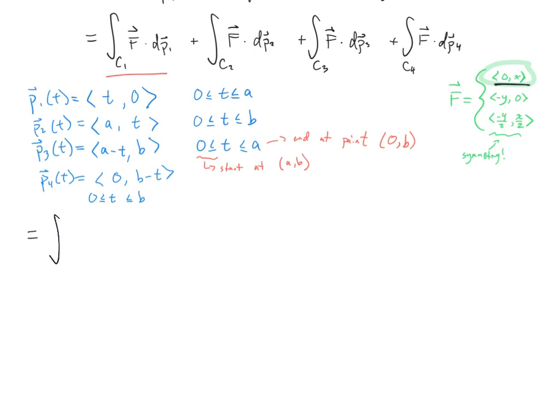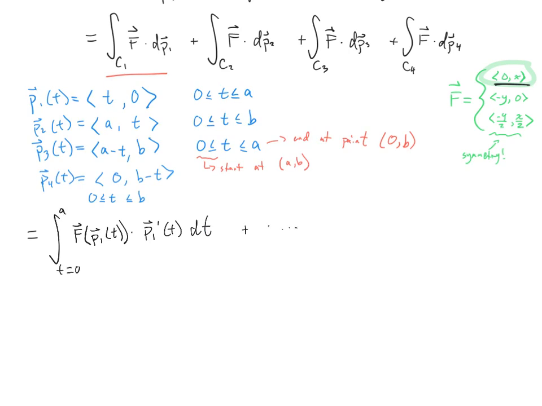So my integral for C1 should start with 0 comma x, evaluated at, so this is going to be f of P1 of t dot P1 prime of t dt. T goes from 0 to a.